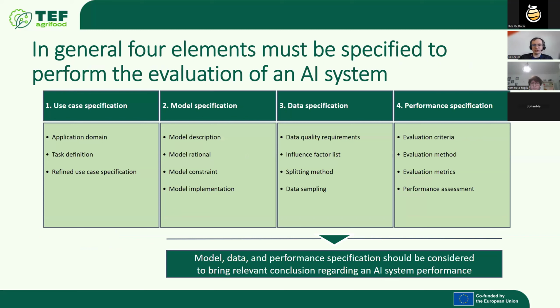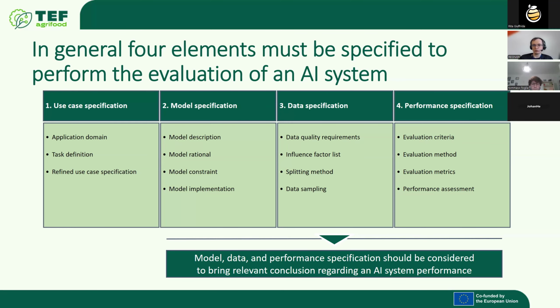Third, the data specification focuses on data quality, sampling, and how the data is split for training and testing. And finally, the performance specification determines how results are measured using appropriate metrics and evaluation methods. Considering these four elements together ensures a reliable and meaningful assessment of AI performance.